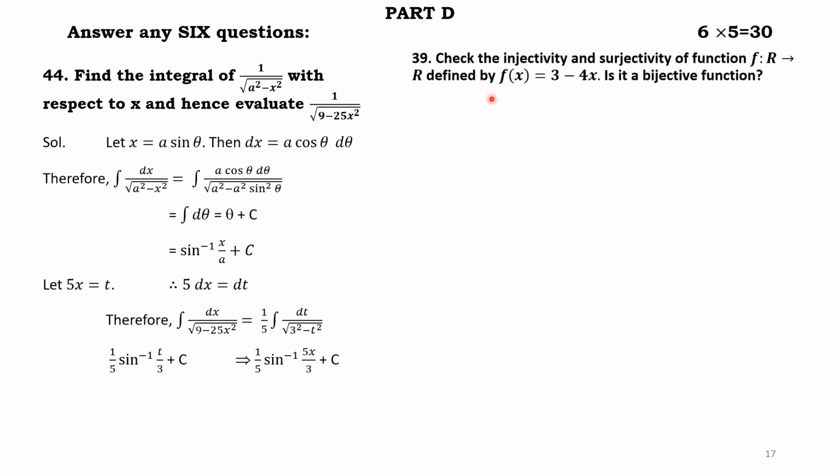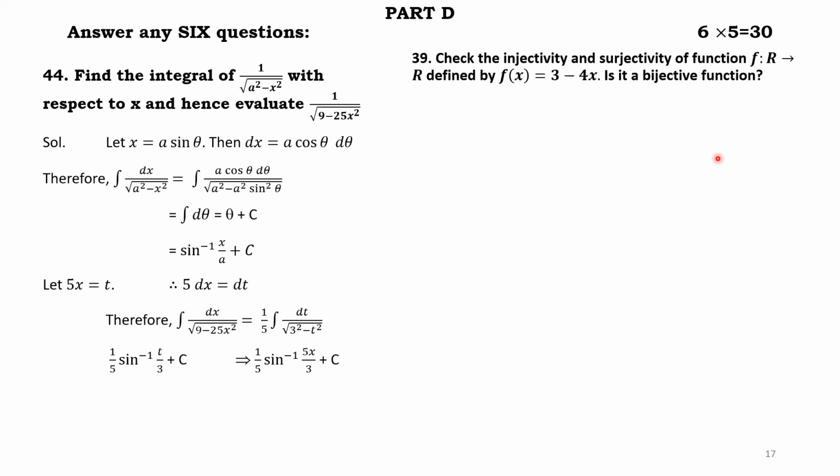Next question. So question number 39 was left out due to lack of space. Now we will solve it here. Check the injectivity and surjectivity of the function f from R to R defined by f(x) is equal to 3 minus 4x.